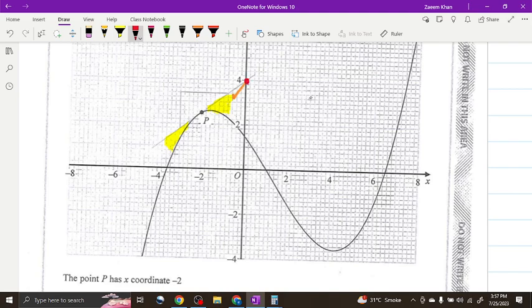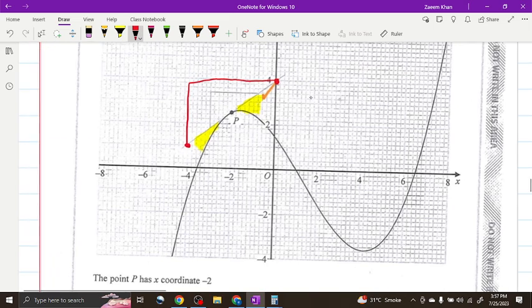I would have chosen this, and I would have gone down like this, and I would have chosen these 2 points.